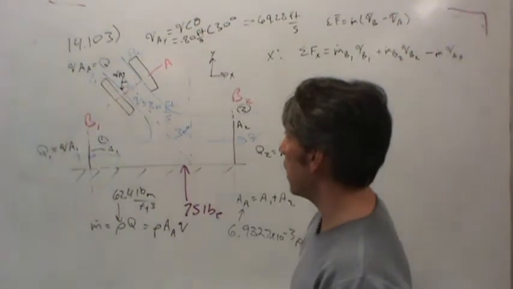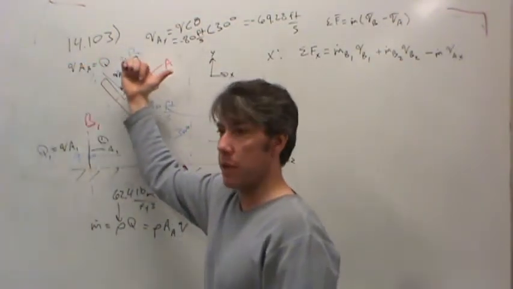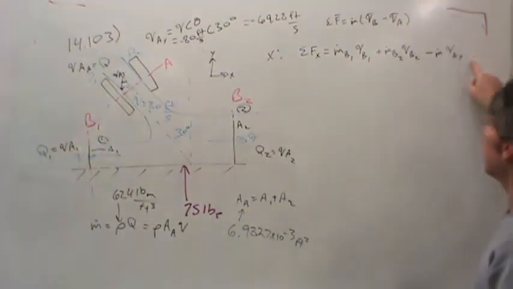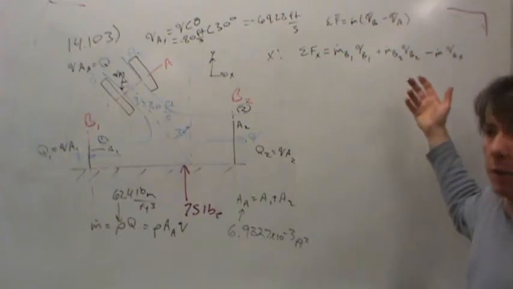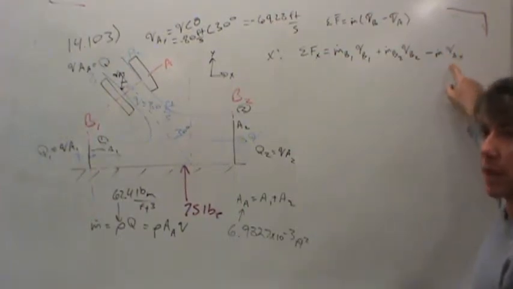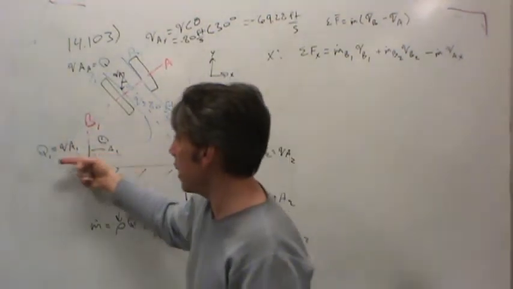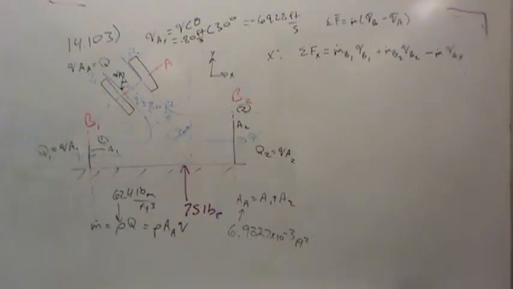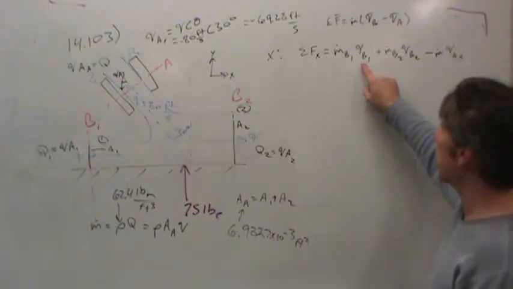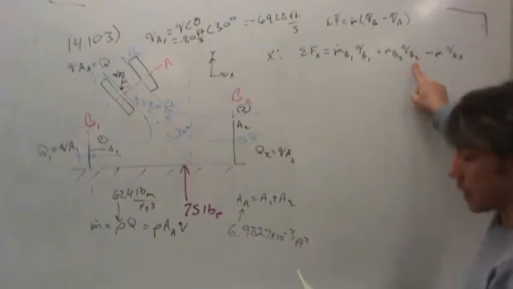Since A is coming in, although it has a positive x component, it will give us a negative, looks like momentum term. It's not really, but almost a momentum term, right? That's what it gives us, a negative contribution to the equation. Notice that this term, which is in the negative direction, we'll have to plug in a negative sign for this velocity, right? Yes. And we'll have to plug in the positive sign for this one.